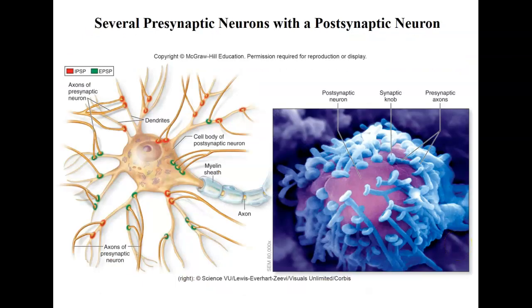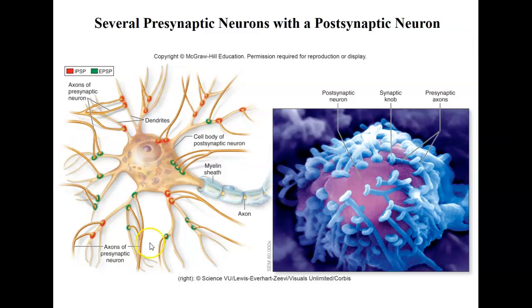The problem comes in when we actually look at a neuron, that there's many of these synaptic end bulbs coming into contact with one postsynaptic neuron, and each one of these can be either excitatory or inhibitory. So we need to keep track of these.